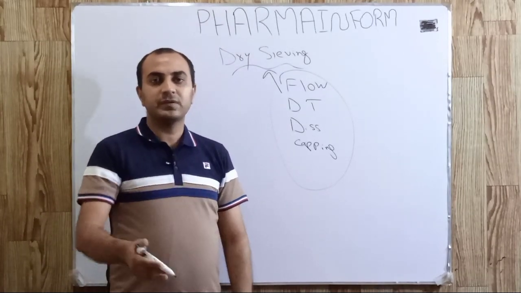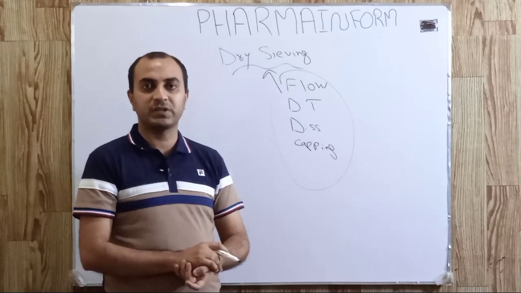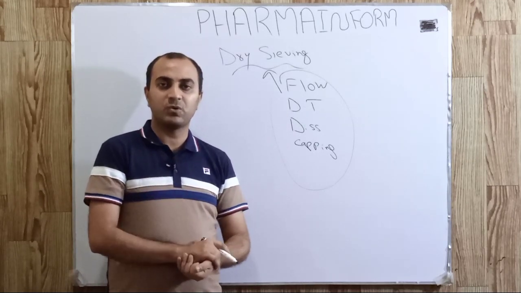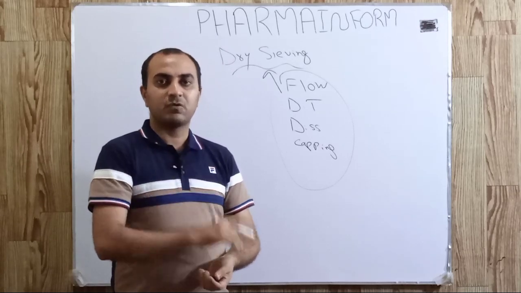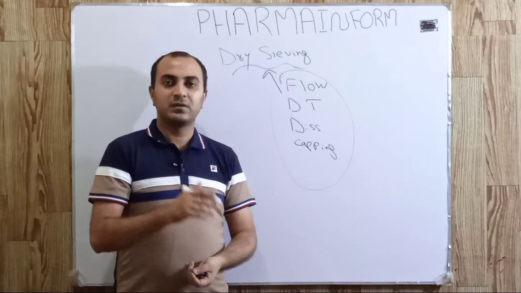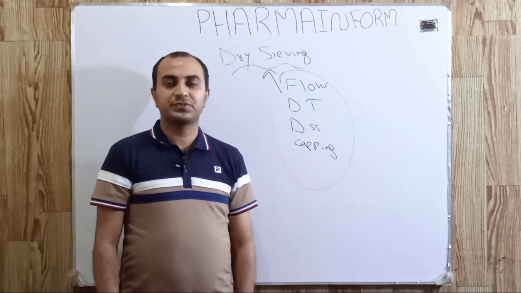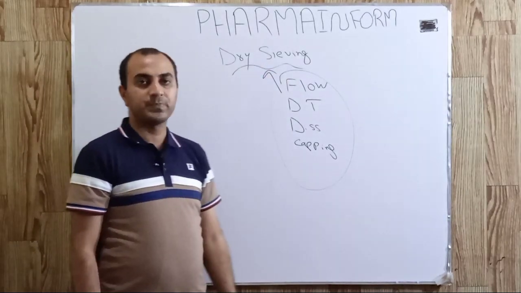In our routine we select the mesh or screen which is mentioned in our batch manufacturing record, or BMR, but for a common understanding or a basic concept, let us see how we select the sieve used for the dry sieving step.